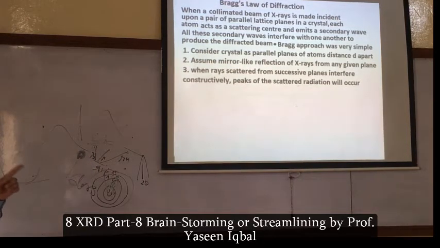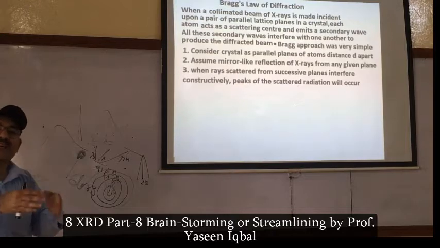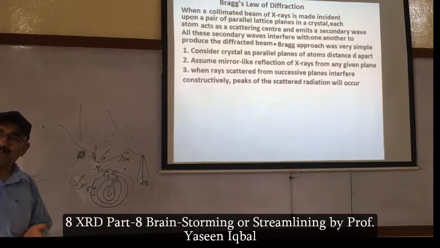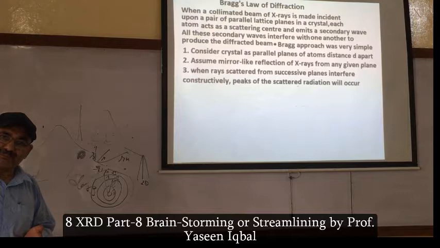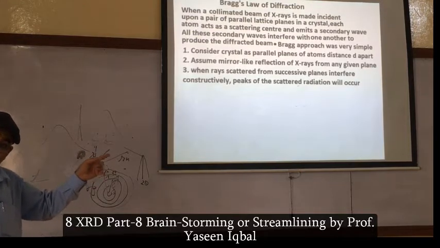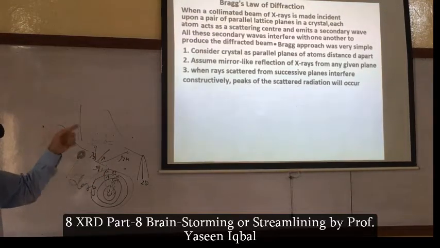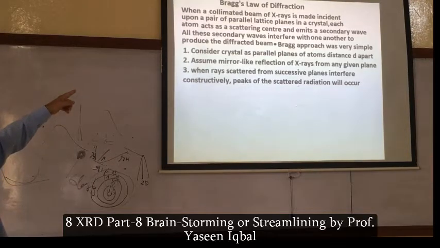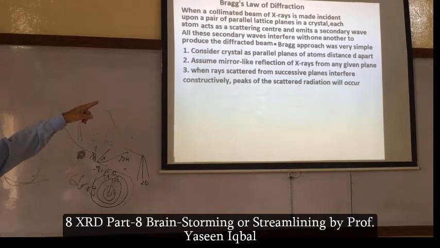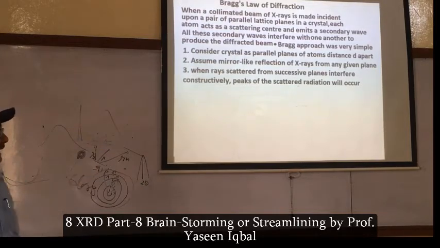Each atom acts as a scattering center, because you may be thinking, from where does the diffracted beam come? So each atom is behaving as a scattering center and emits a secondary wave. All these secondary waves interfere with one another to produce the diffracted beam.